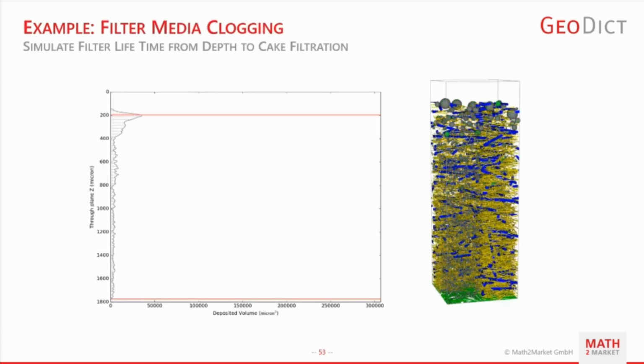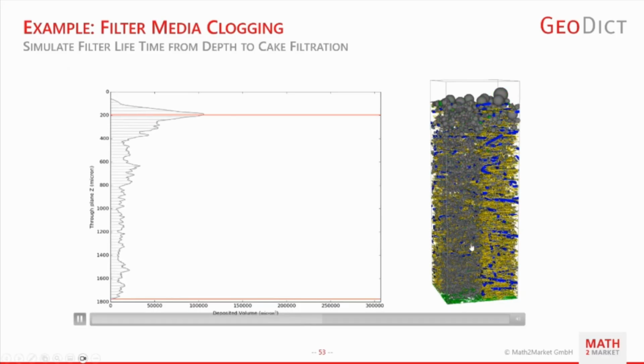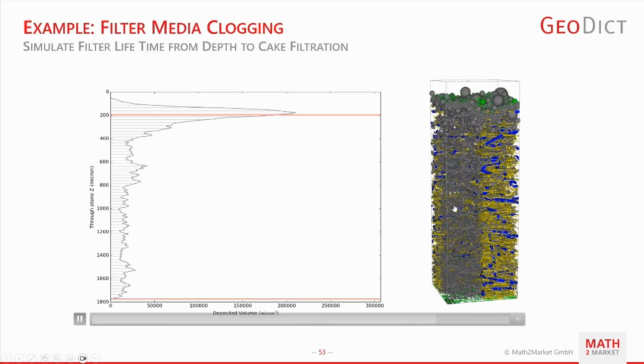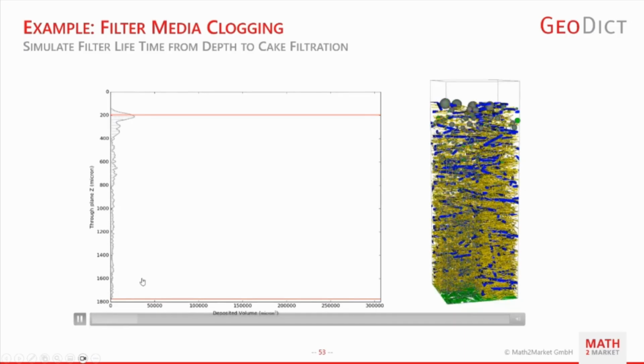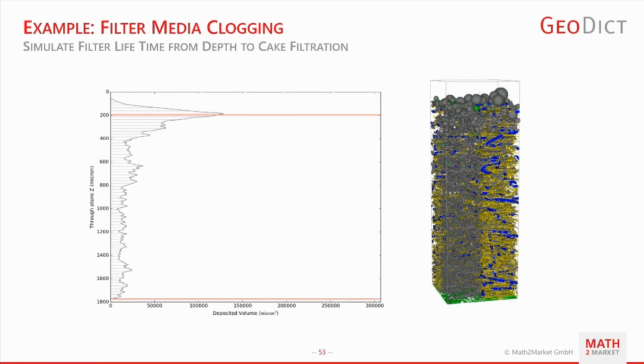The first example is about filtration. We see on the right side here the filter media, where for better visualization of the depth filtration, fibers are not visualized in this part, only the particles. Let's start it again here. As the filtration starts, more and more particles get deposited in the filter, and the filter clogs. The pressure drop will rise.